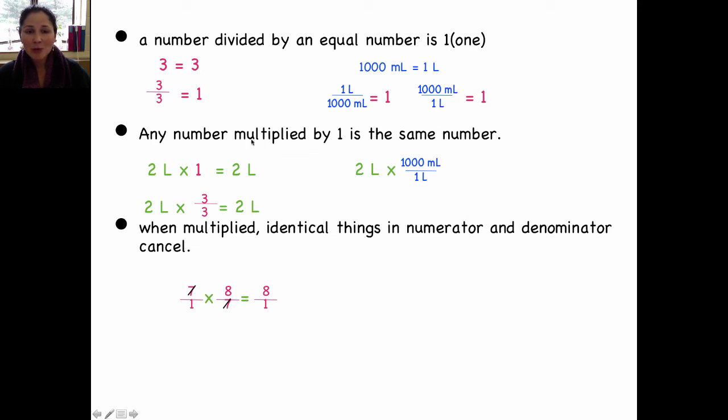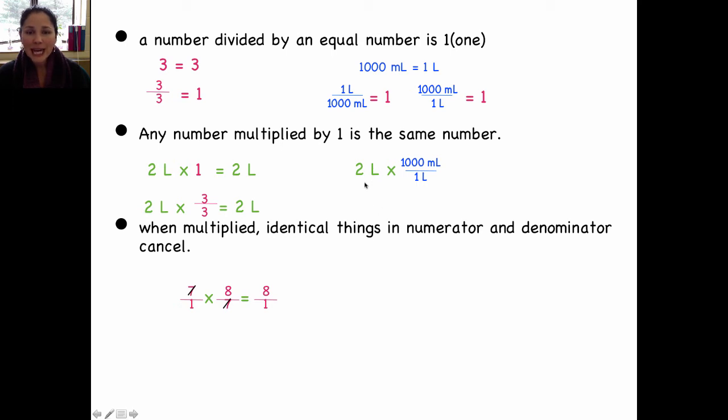Any number multiplied by 1 is the same number. So if I take 2 liters and I multiply it by this fraction, which I just showed was 1, then I should be able to get the same value at the end. And if I apply this, when multiplied, identical things in the numerator and the denominator cancel.